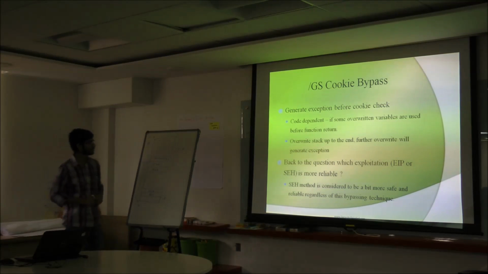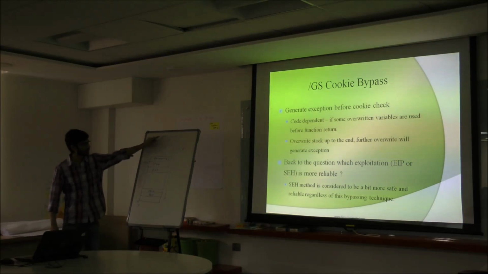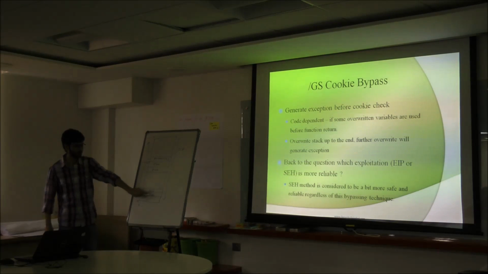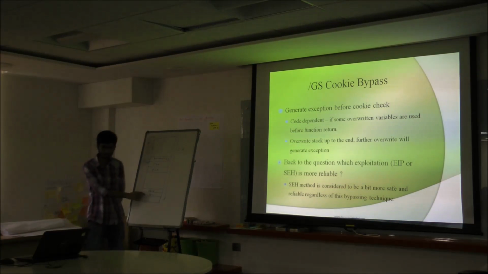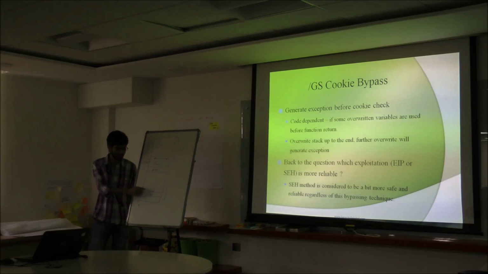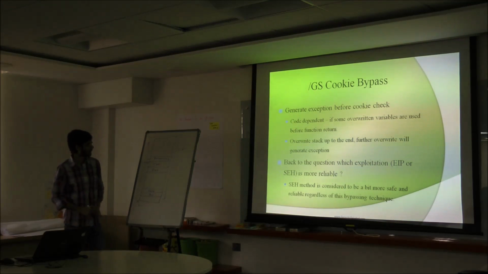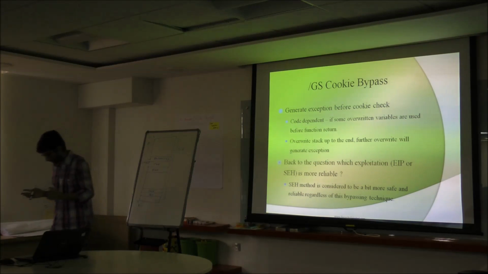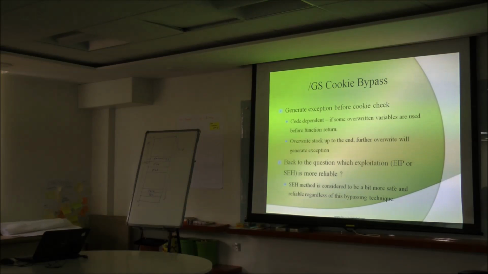In the recap, what we did is we overflowed this buffer up to this point, and we used our own pointer to pop up, and then a jump to here or here, the forward or backward jump, right? Now, an exception handler can only be called when we have an exception.